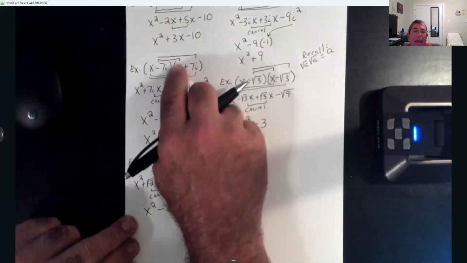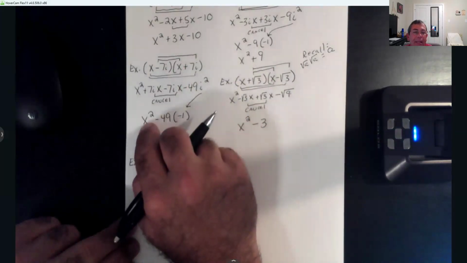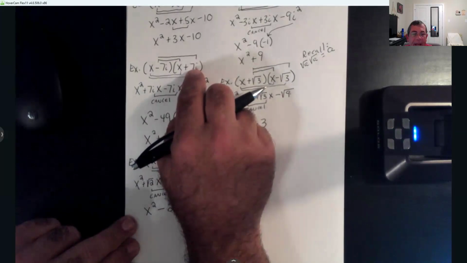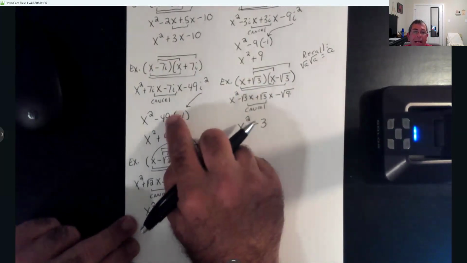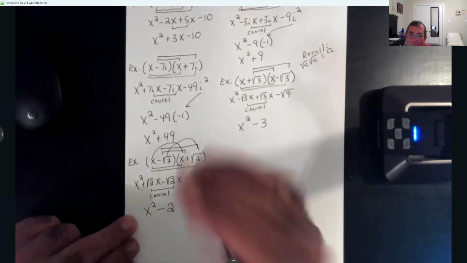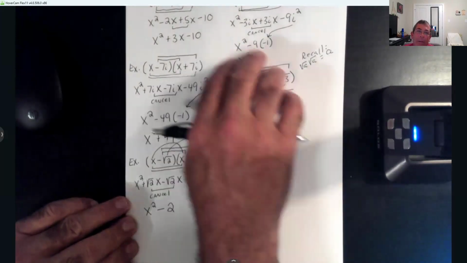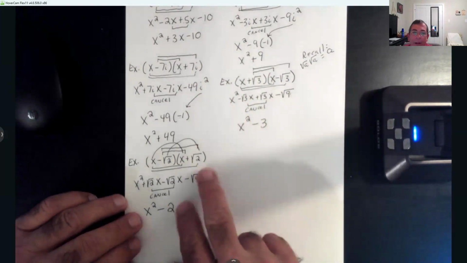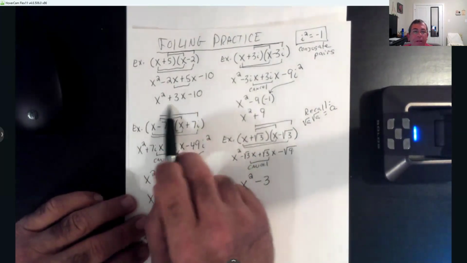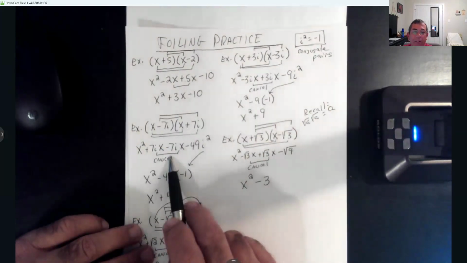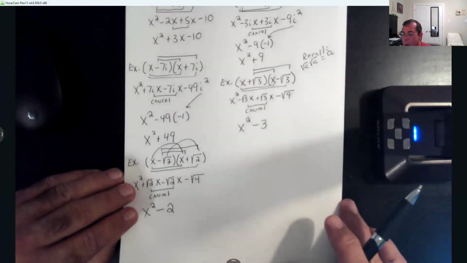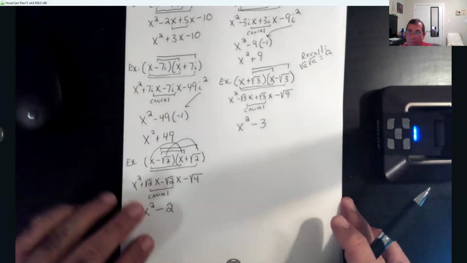Same thing with the imaginary. x times x is the x squared. -7i times 7i is a -49i squared, which turns into a +49. So I want y'all to see up here, these were not conjugates, so my middle stuff didn't cancel. But all the rest of these problems were conjugate pairs, and that's why the middle stuff always canceled on them, okay?